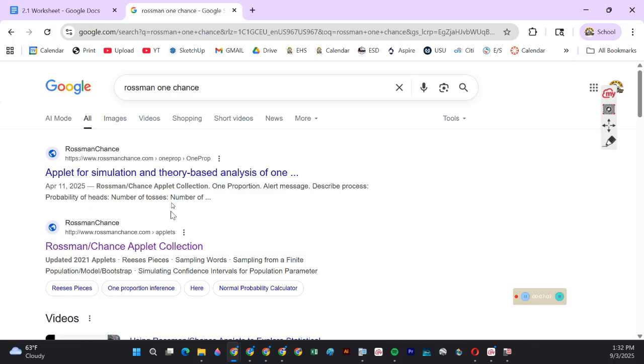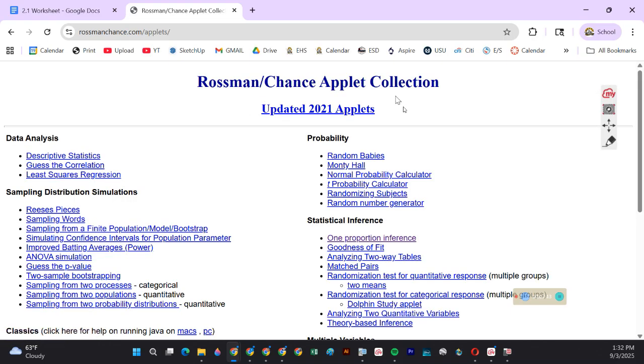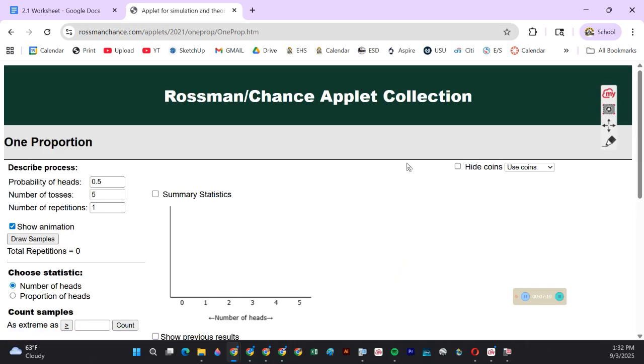Okay, so if you go to this, Rossmann Chance Applet Collection, on the right side, you want to select one proportion inference, and then you get this.